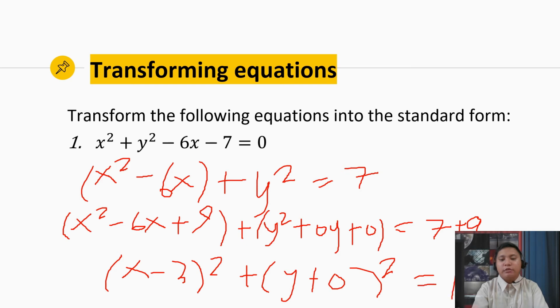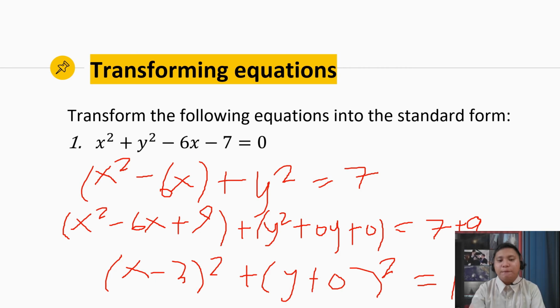Okay, very good. So, our new equation in standard form, given the general equation, is x minus 3 squared plus y plus 0 squared is equal to 16. So, do you have the same answers? Okay, if you have, very good. We will now solve another example.